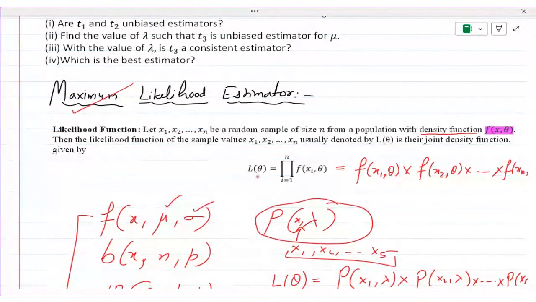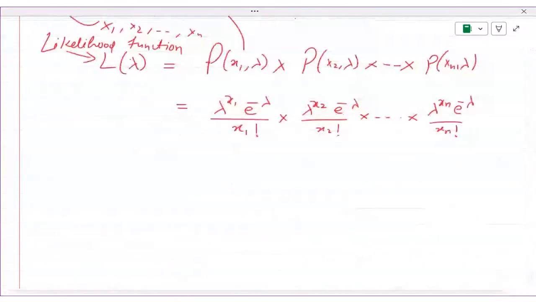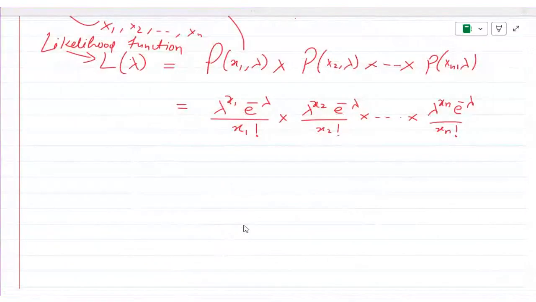Okay. So what is the meaning of maximum likelihood estimator?